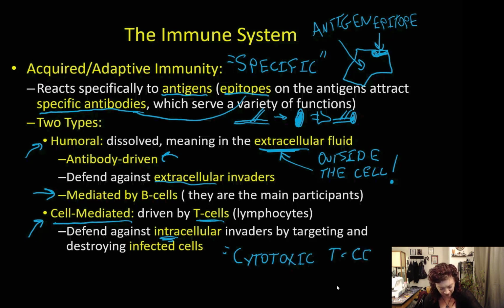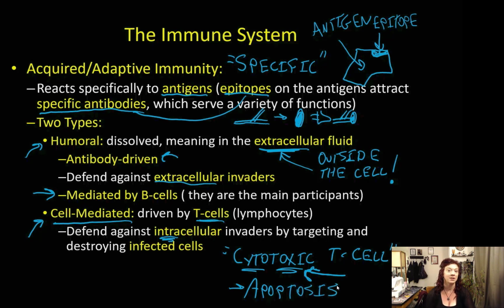Think about that name. We know cyto means cell. Toxic generally means bad for you, dangerous. Cytotoxic T cells are cells that can destroy other cells. Okay? They can cause them to spontaneously die, what we call apoptosis. Apoptosis is spontaneous cell death.